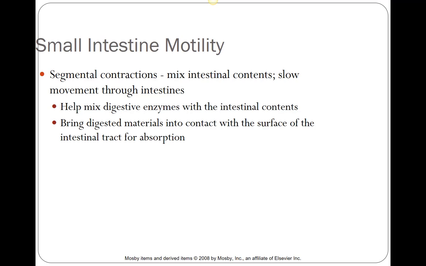The segmented contractions we talked about earlier, in peristalsis, help to move food through the small intestine, but also help in mixing, by what we showed, mixing the materials back and forth. By mixing it and stirring it around as it's moving it forward, it helps to make sure that it gets good contact with the surface of those microvilli, so all those nutrients that the body needs can be absorbed.